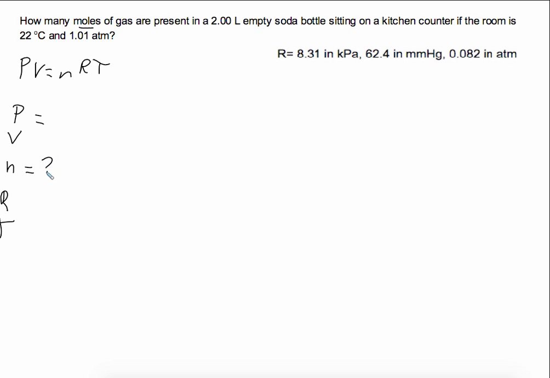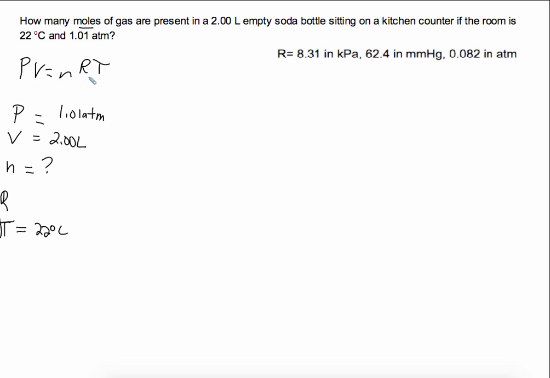Moles is the n. N stands for moles. A 2 liter, that's V, 2 liters, empty soda bottle sitting on a kitchen counter. If the room is 22 degrees Celsius, this is T here, so 22 degrees Celsius. And the pressure is 1.01 atm.